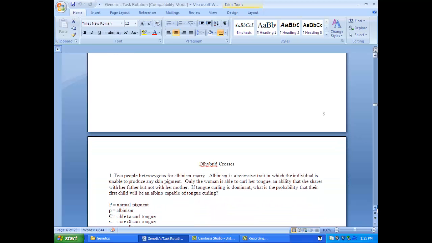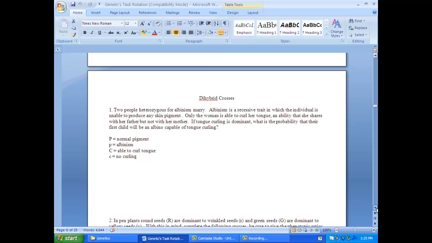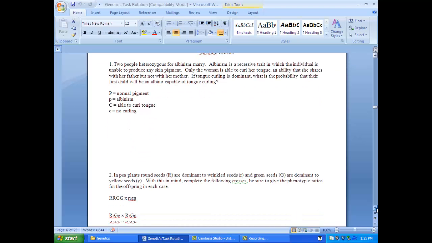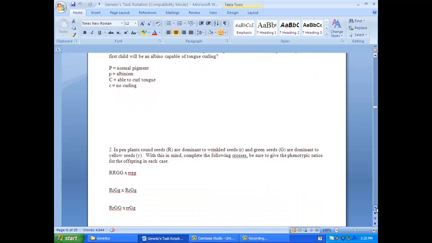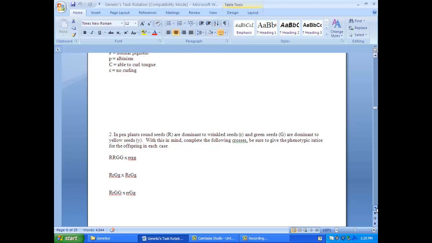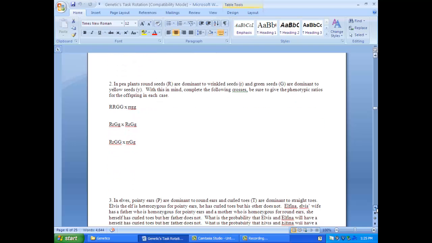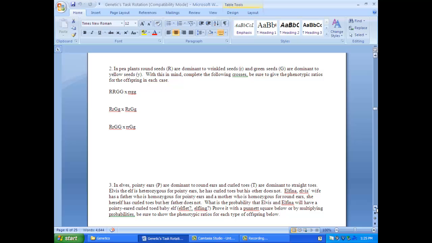So here's the deal. I have 2 activities planned today. One is to finish up the dihybrid crosses. These are just more advanced word problems as far as the dihybrid crosses.